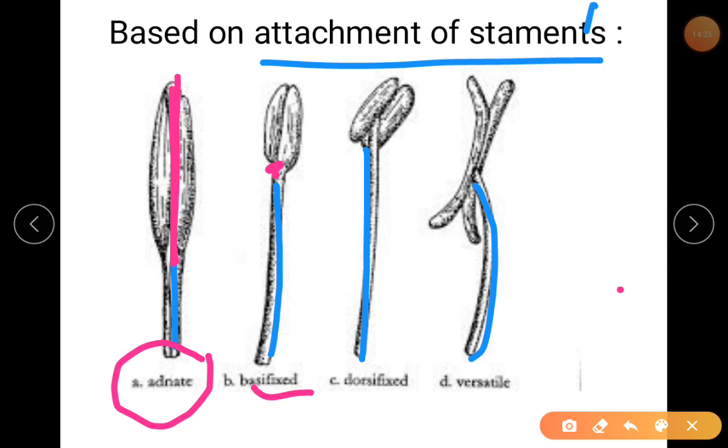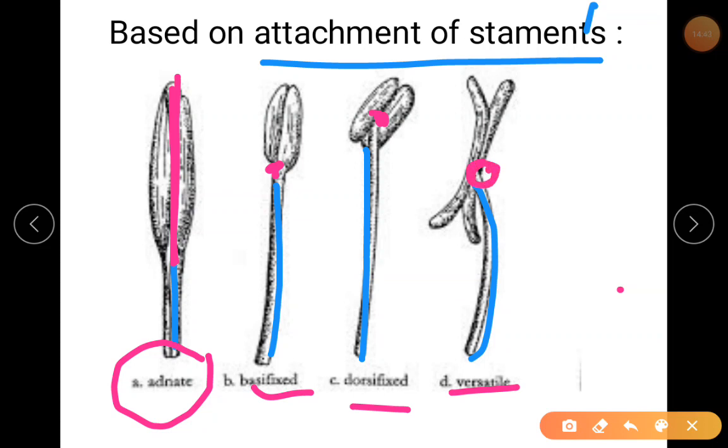Dorsifixed, it is in the middle portion. The middle portion is your dorsifixed. The filament is attached to the middle portion. And versatile, you can see it is exactly in the middle.